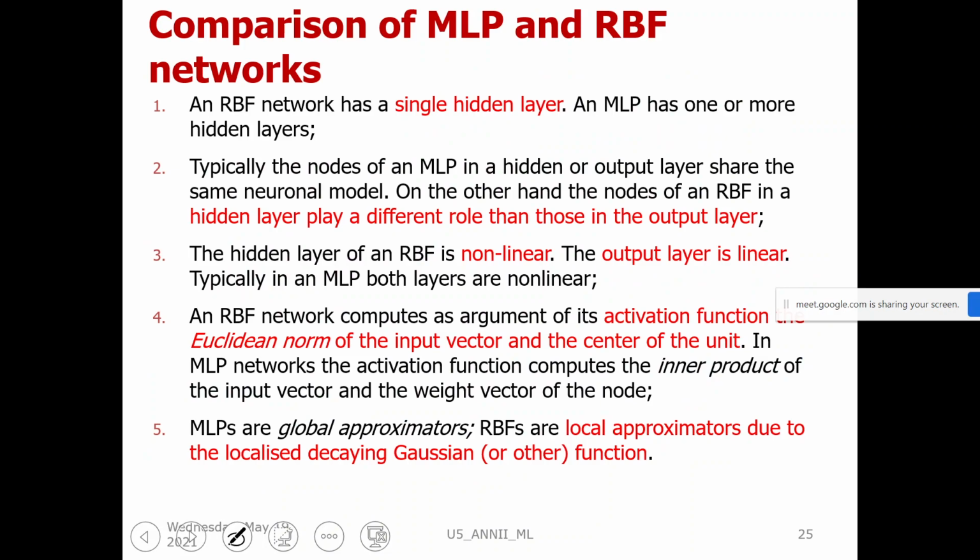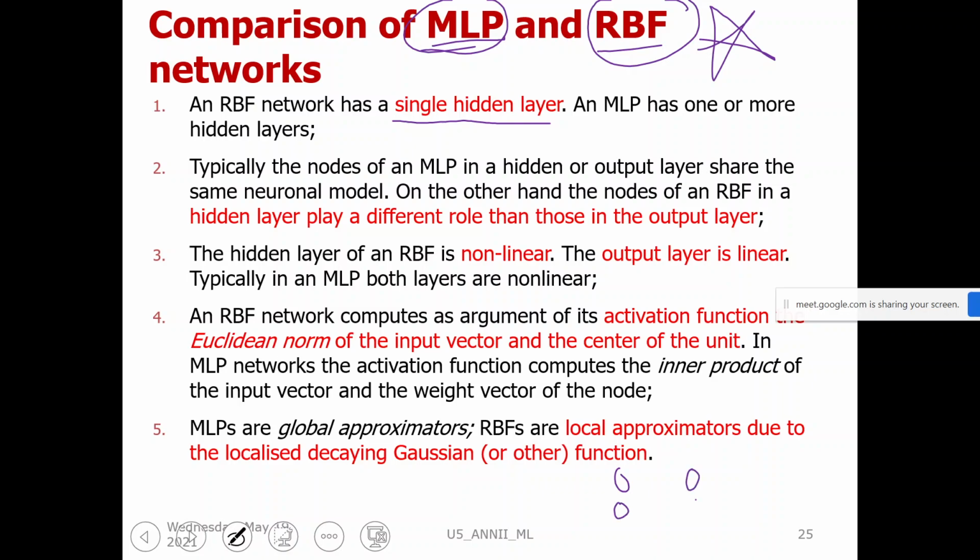Now the next very important point, from the theory or oral point of view, is the comparison between MLP and RBF. What is MLP? Multi-layer perceptron, and RBF is radial basis function. They look very similar, but in RBF we will have only a single hidden layer.